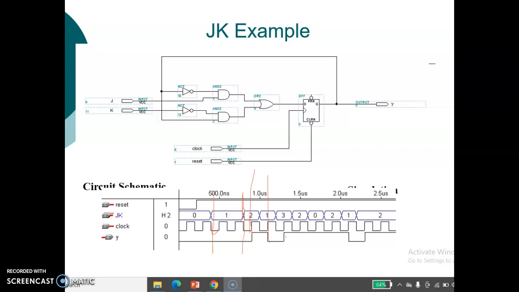Here 0 up to 1.25 microseconds. This is the time delay, this gap.